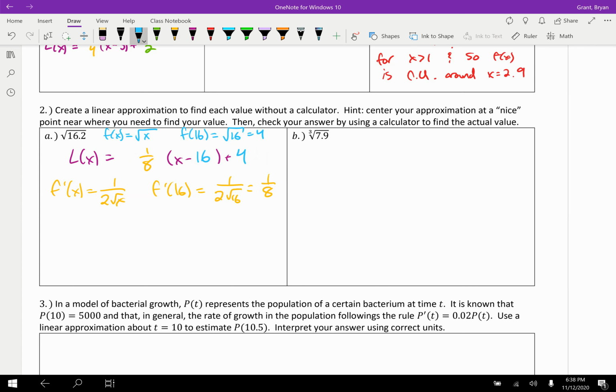Great. Linear approximation. This is tangent to square root at 16, because 16.2 is so close to 16, I think we can use our linear approximation to approximate the square root of 16.2.